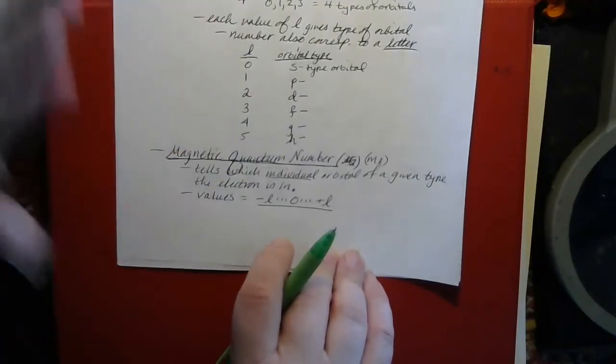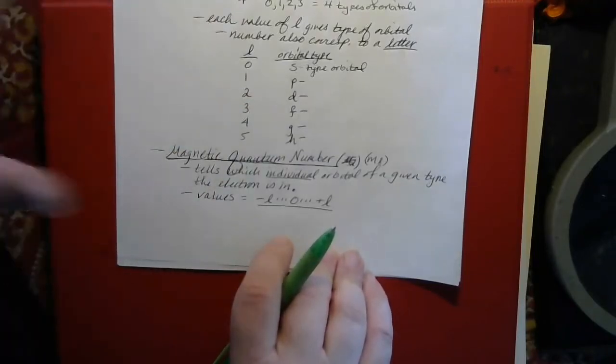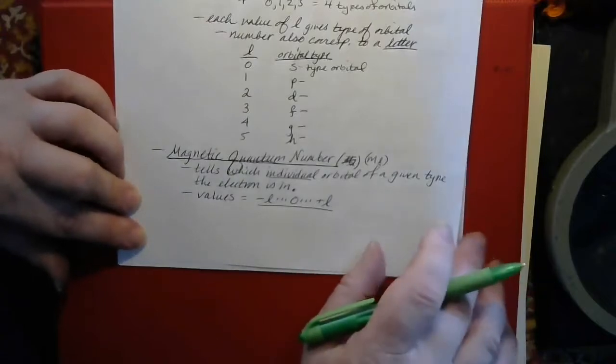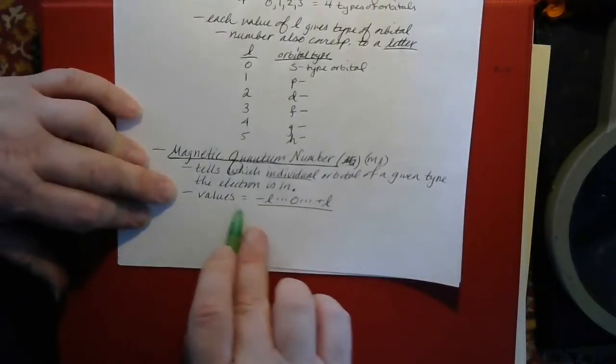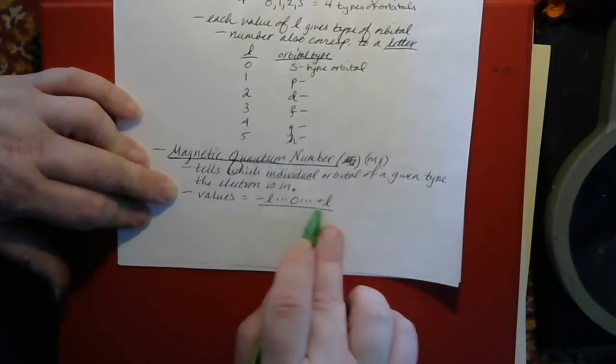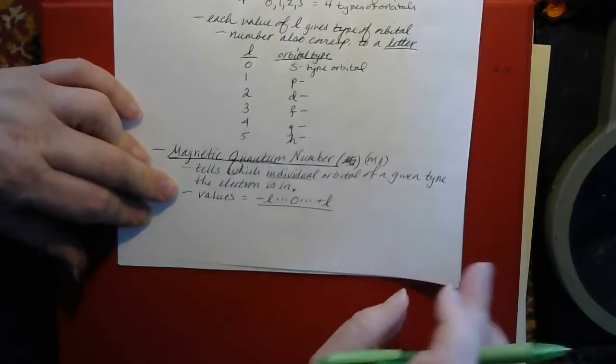The number varies depending on which type of orbital you're talking about. And the possible values for m sub L would be anywhere from negative L up to positive L, including 0.